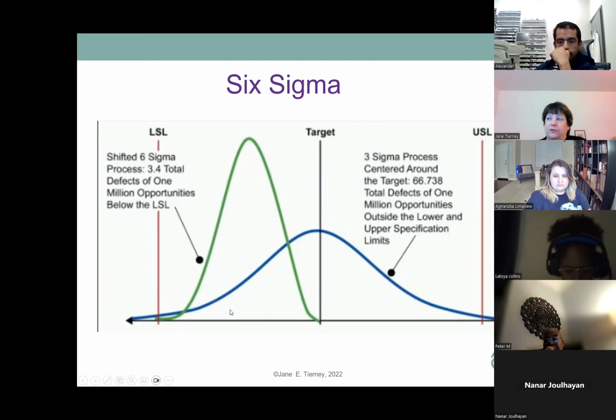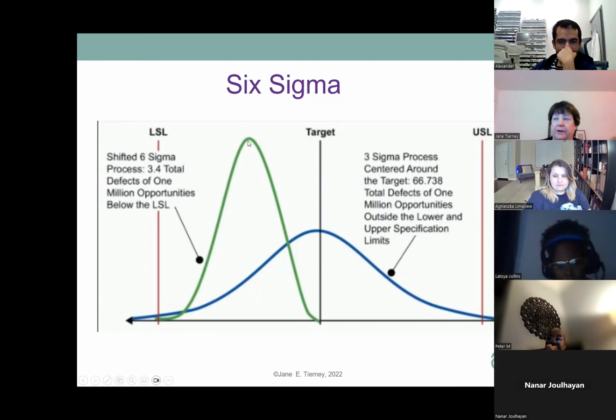The curve indicates that all of the values we have are underneath the curve. So all of the things fall within that, and it measures the dispersion and the variation of our values. And I'll show you what that means in a little bit. But we're trying to get this curve so that when we plot it all out, it's going to be centered around the target. Now, so the blue is better because it's centered around the target.